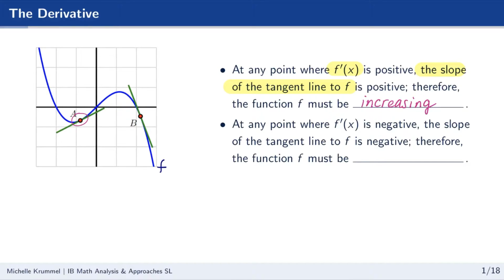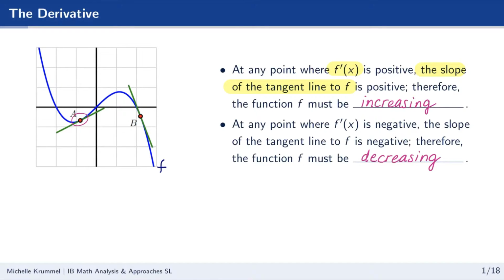If the curve has a positive slope, we can conclude that the curve is increasing at that point where the slope is positive. Likewise, if the curve has a negative slope, then the curve is decreasing at that point.